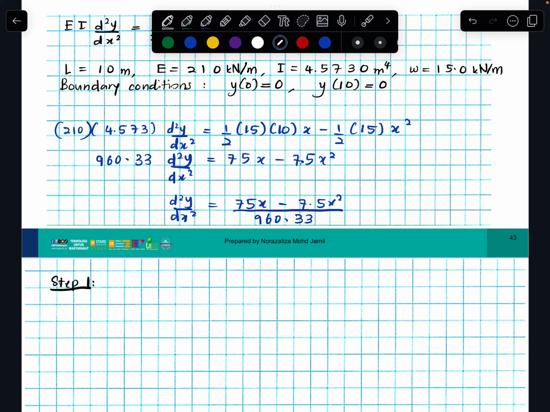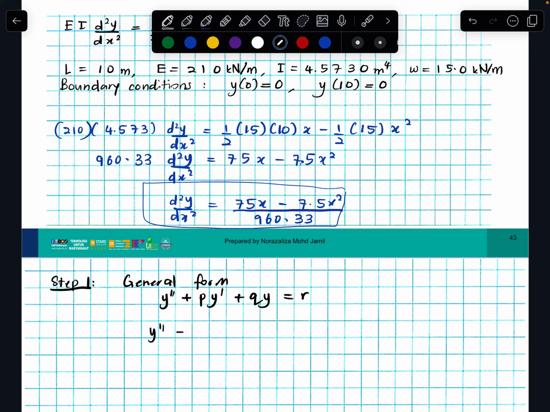Step 1. First, we write into general form. So the problem here, the differential equation can be rearranged as y double prime.